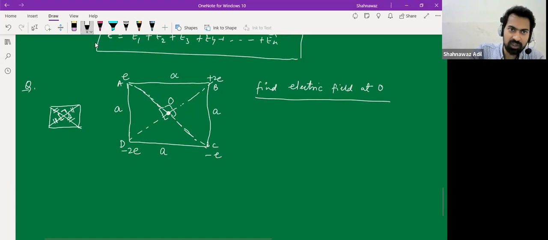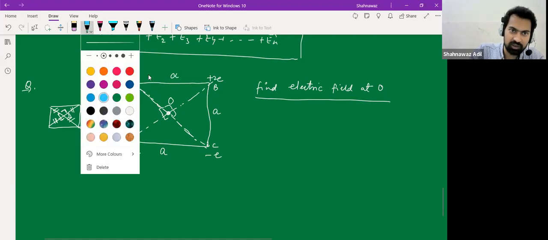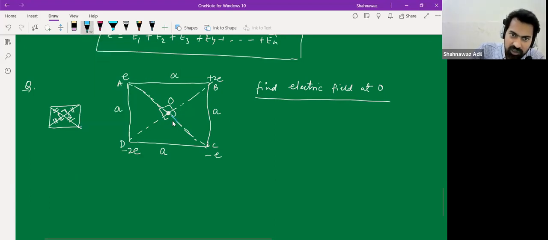So let me write with another color. So this is EA. We are only calculating the magnitude here. And due to this plus 2E charge, the direction would be this, right? So this is EB.